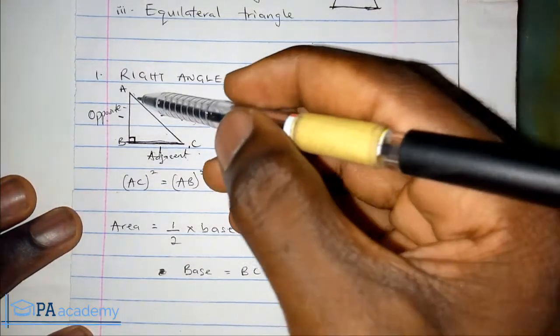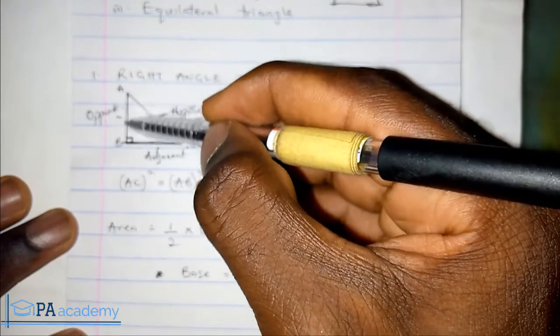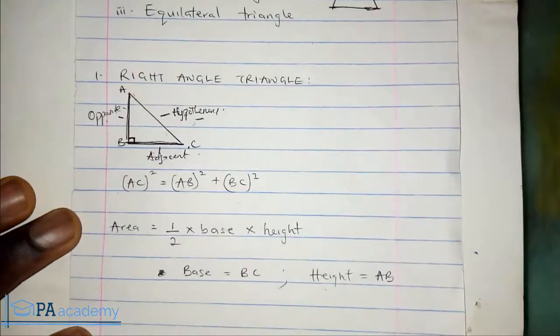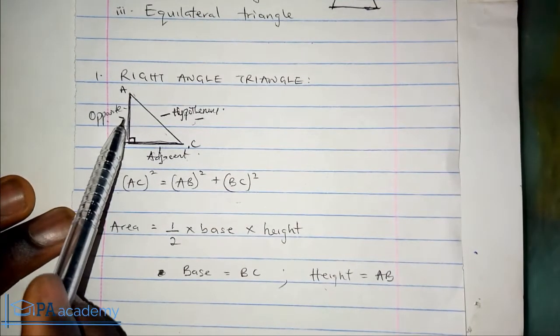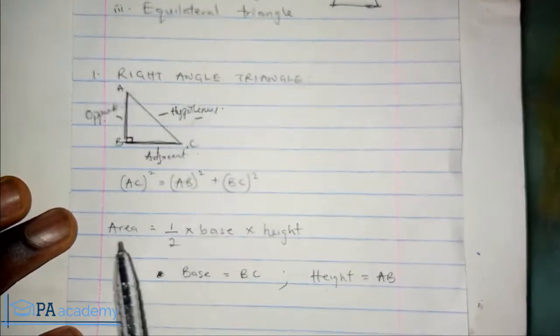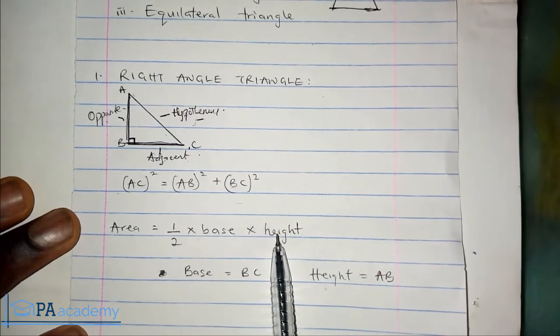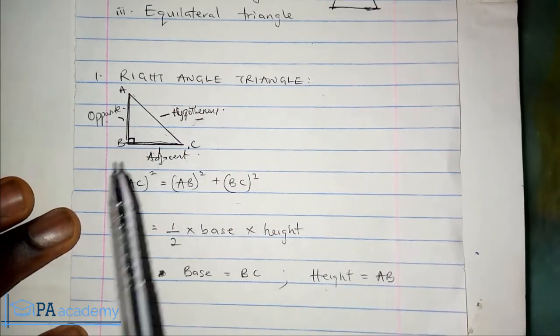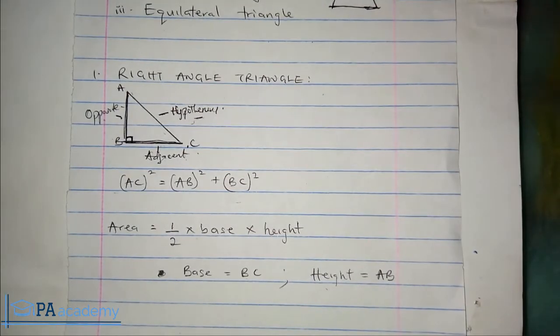And then the height is this line AB, which we also call the opposite. So the area is half base times height, where the base is line BC and the height is AB.